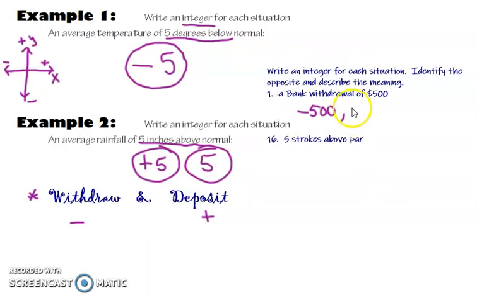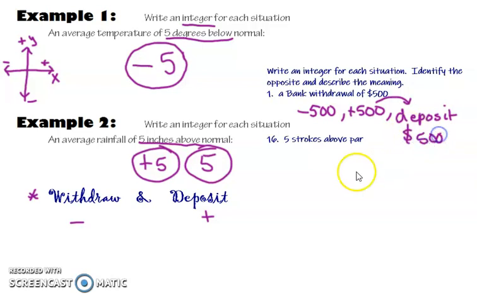Anyway, so it would be a +500, and I'm just going to write the positive there. You do not need to write the positive. Okay, and then it says describe the meaning. Well, it means the meaning of this thing. So now this would be a deposit of $500. Wow, that's more than just wanting just this. It's asking you to understand it and its opposite.